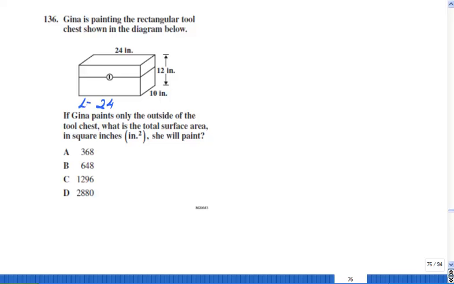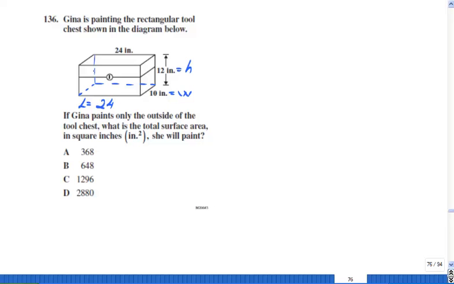So I can call this one the length, the other side the width, and this 12 will be my height. As you can see, a chest has the shape of a rectangular prism, right? And you have to remember that for every one of its sides, you have the opposite one which is congruent.